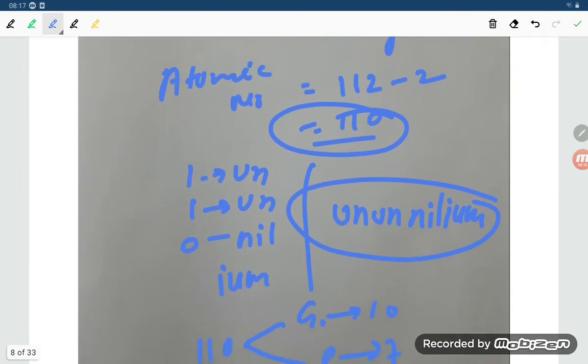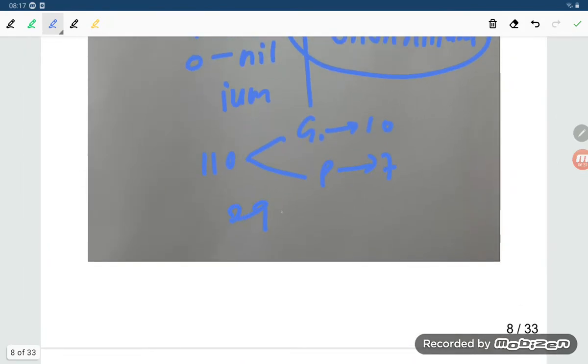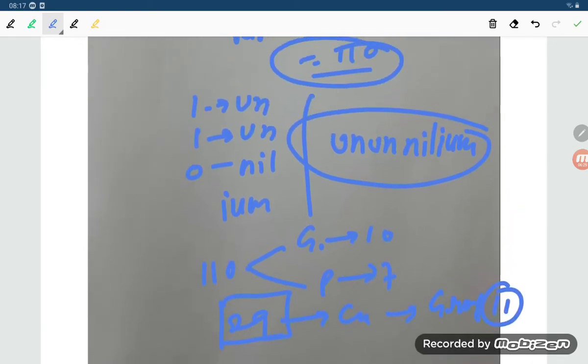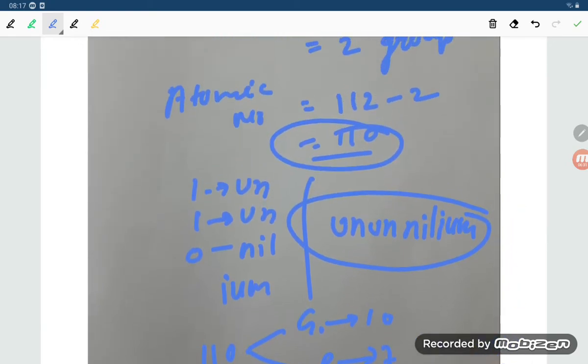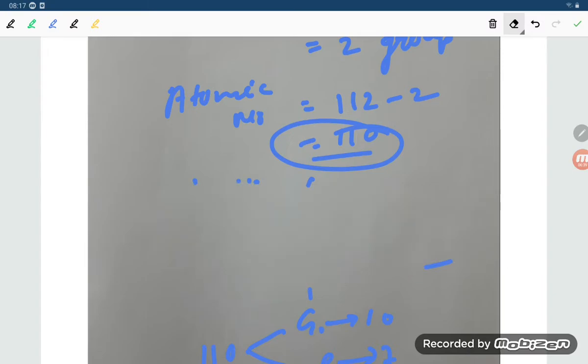So this is 29, student. 29 belongs to the copper family, group number 11. So we have to find the recently discovered group 11 element. How can you solve this? Up to 110 we already know, student.